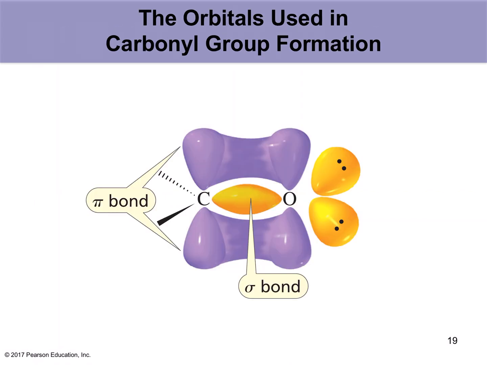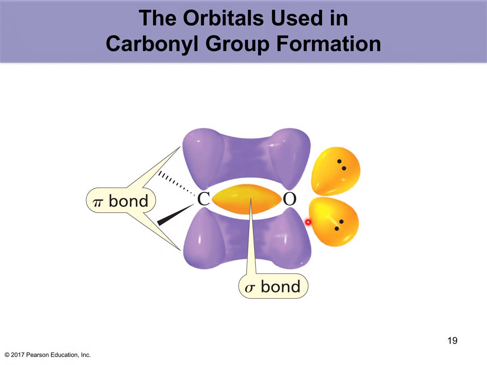The orbitals used in carbonyl group formation. You can see there is 1 sigma bond and 1 pi bond between the carbon and oxygen. And then the other groups, if you have a hydrogen or another methyl group, they are going to be all sigma bonds. And you also have 2 lone pairs.